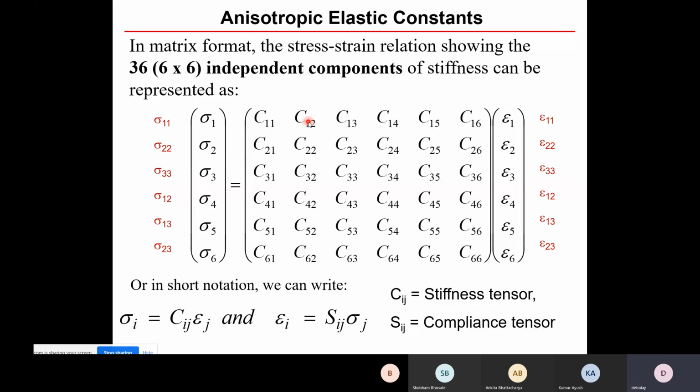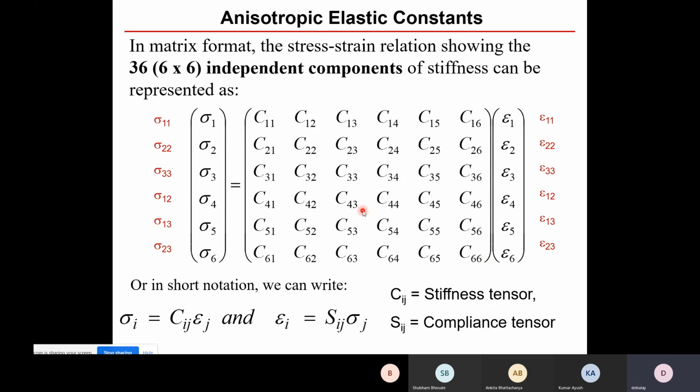So if it is a symmetrical tensor, how many independent values do you need to know? It is symmetrical with respect to the diagonal 11, 22, 33, 44, 55, 66. How many values do you need to know to represent the entire tensor? You need to know all the values along the diagonal and any one side of the diagonal.